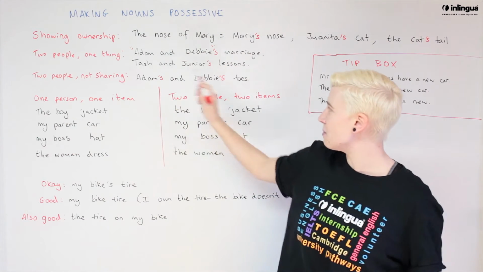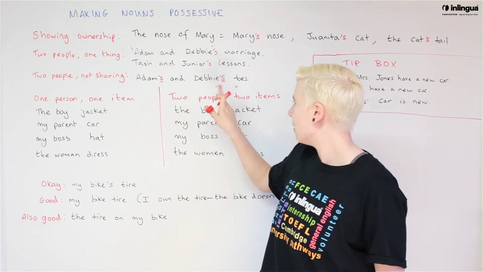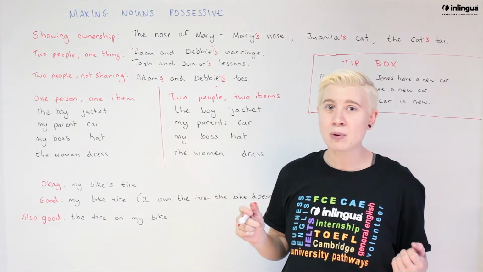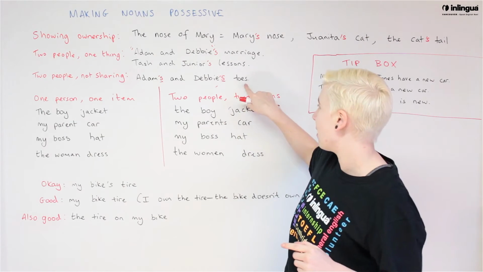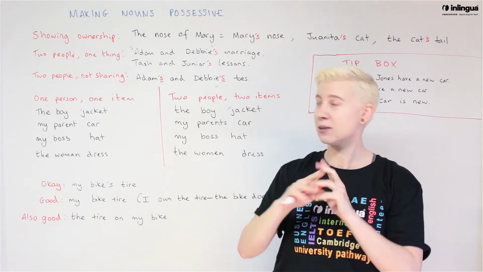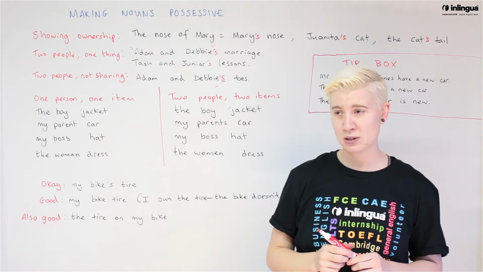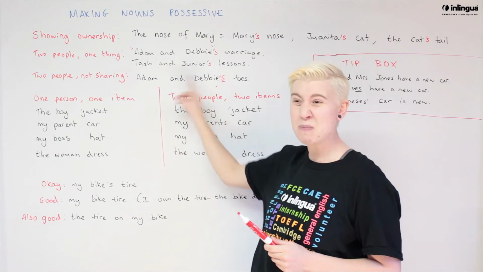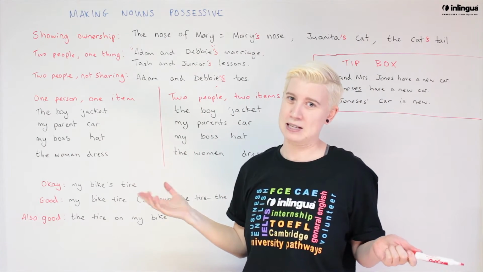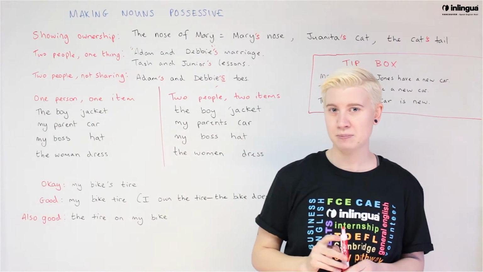There we go. Adam's and Debbie's toes. When we have a possessive with each name, we know that they each have their own toes. They are not sharing. If we put it like this, Adam and Debbie's toes, these toes belong to both of them, which is crazy. We need that S on both of them.